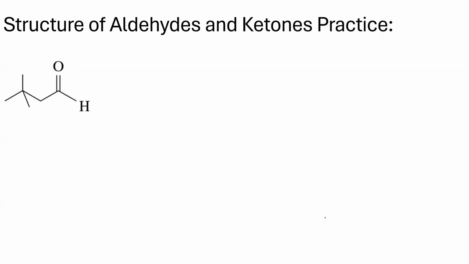All right, so let's just look at a few structures and try to identify whether they're aldehydes or ketones. So this first one, we have a carbonyl carbon. It's attached to some carbon-containing group, but it's also attached to a hydrogen. This would make this an aldehyde.